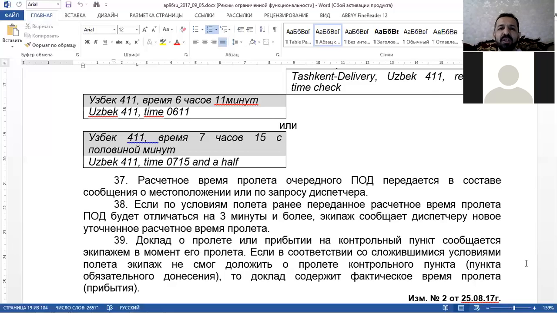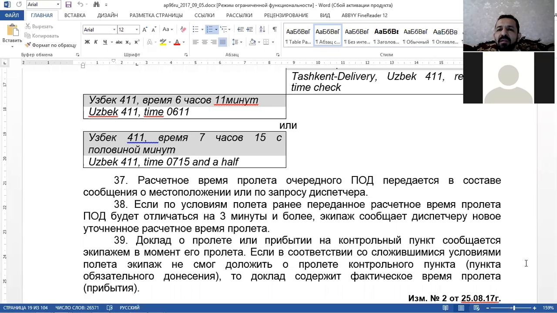If the time is 0611 and approximately 45 seconds, you may say just time is 0612, rounding to the nearest whole minute. Is it clear to you? So time should be rounded to the nearest half minute.